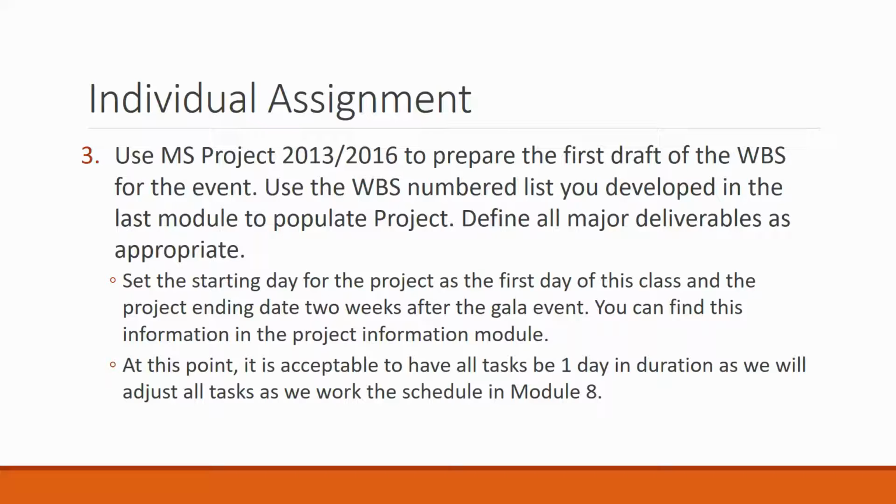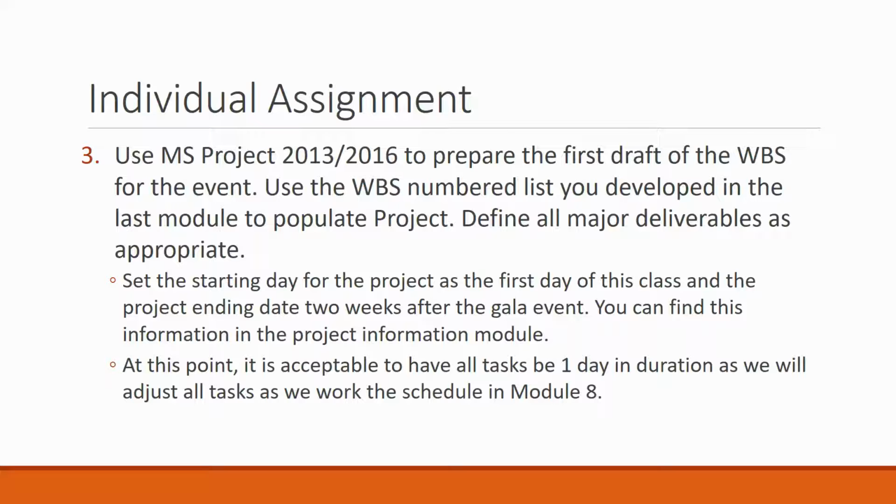Now you are getting started with Microsoft Project. You may use 2013 or 2016 to prepare the first draft of your work breakdown structure for this event. Use the numbered list that you created in week 6, module 6. Remember how we did a table of a work breakdown structure, a numbered list.